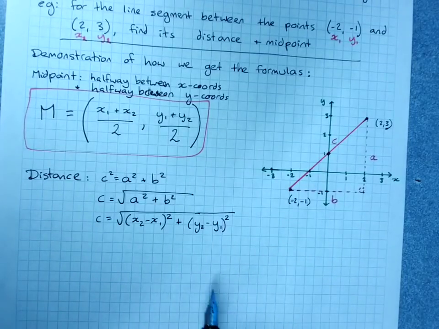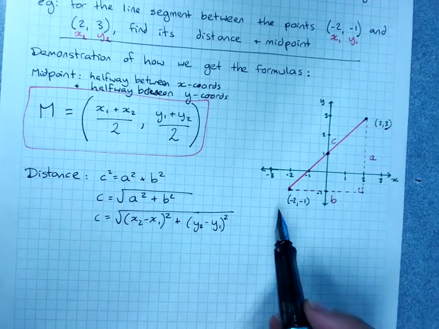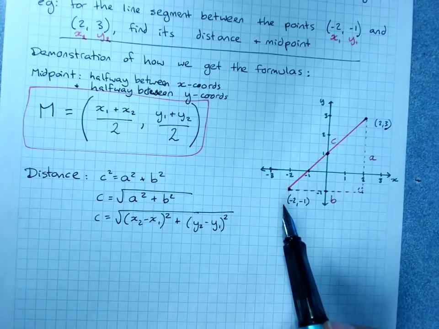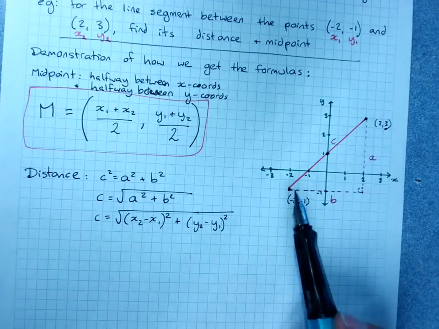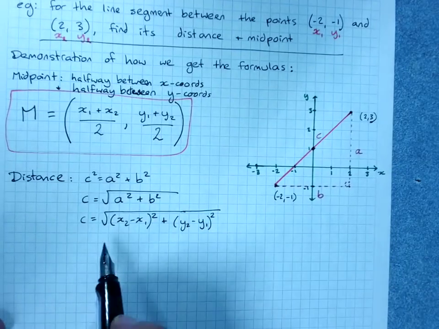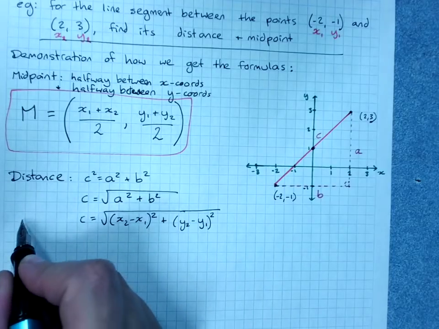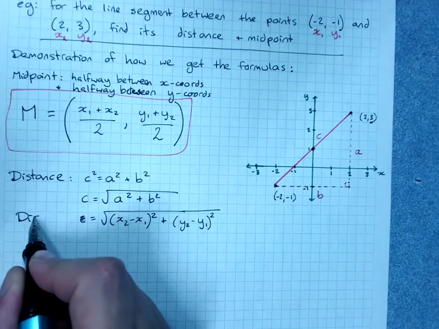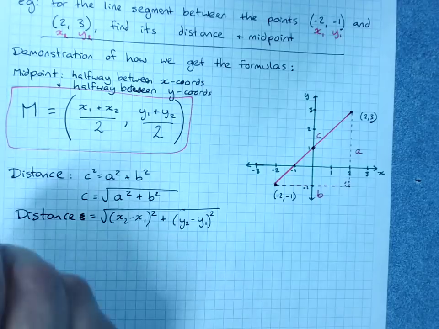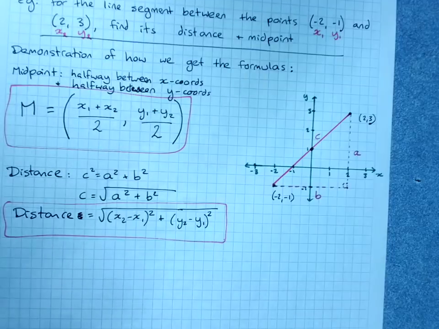And if you did get a negative, negative 2 minus 2 would give me negative 4, but of course when I squared it, I'd get the positive that I needed. So this is the distance formula. And I'm just going to change this to say distance. Distance between 2 points, or the length of the line segment joining 2 points, is this.